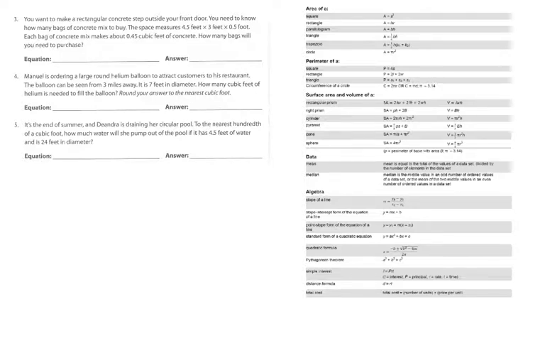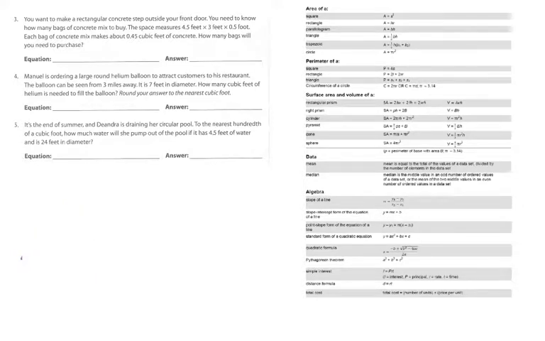So we are trying to figure out the volume of this pool. It's a circular pool, so it is basically a cylinder. A cylinder is like a can shape. I can't draw, but you get the idea.